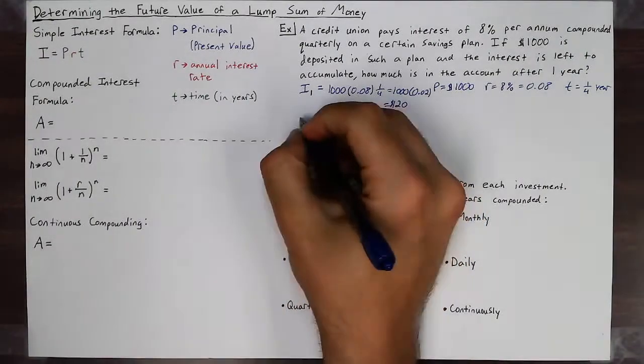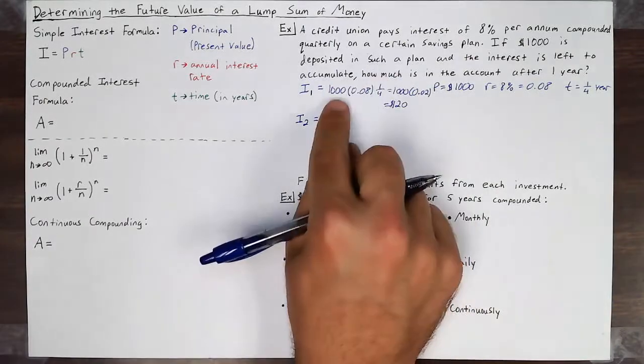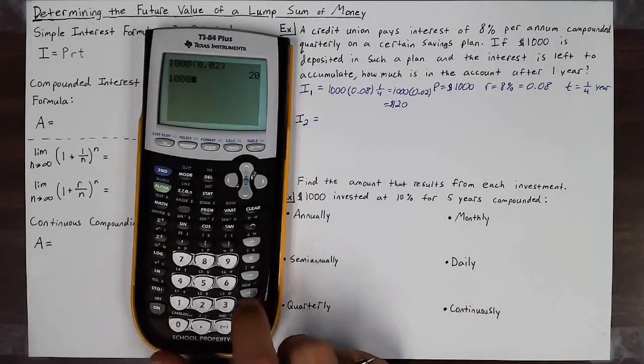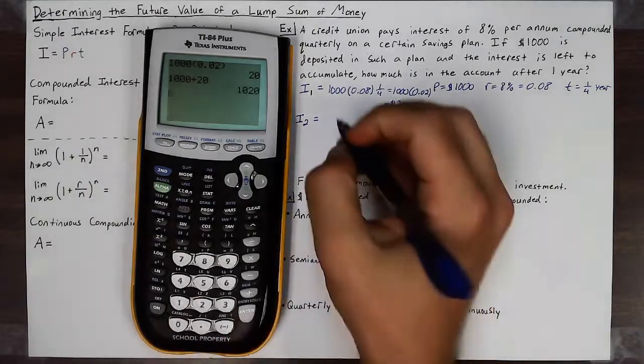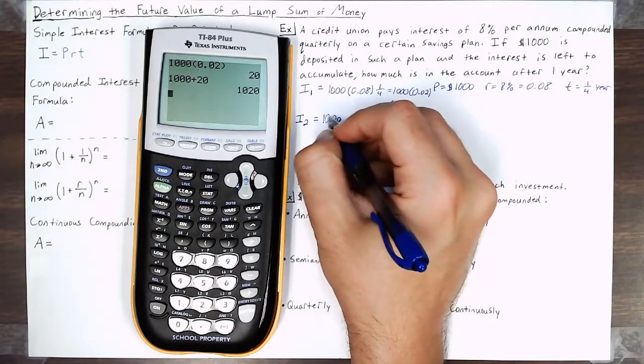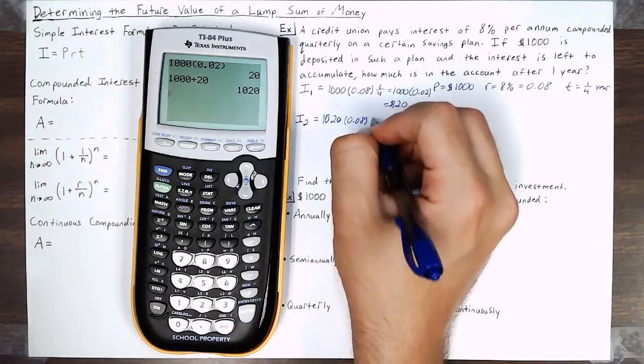Now when I do my next interest calculation for the second quarter, instead of using $1,000, I'm going to use 1,000 plus $20 as my present value going into the second quarter. But I'll still have the same rate over the same time.